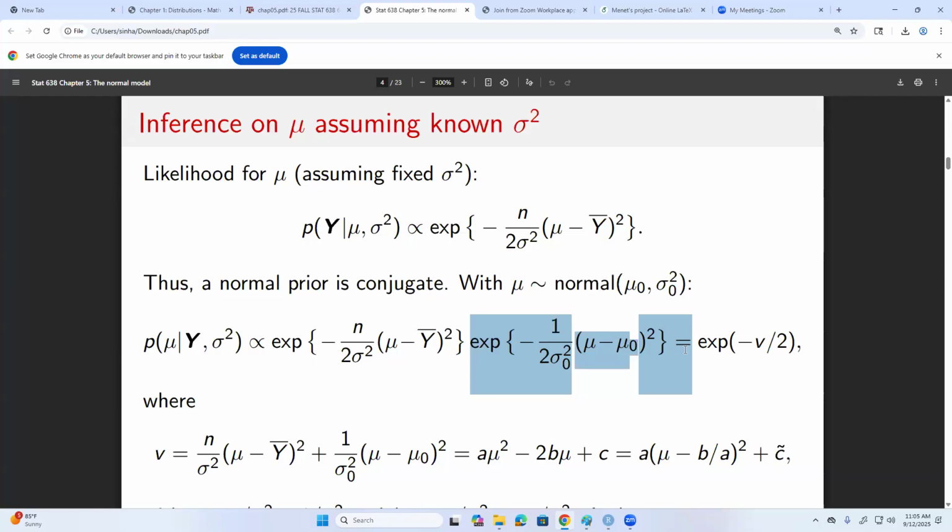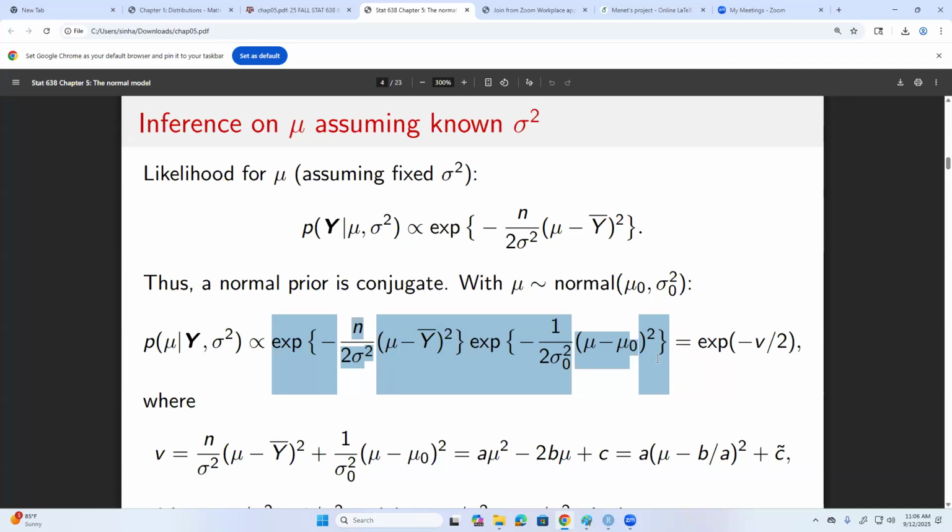But still, it's a good thing that we have this structure. Can you tell me what is the actual posterior distribution of mu? By looking at the kernels, you can identify that it is a normal distribution.